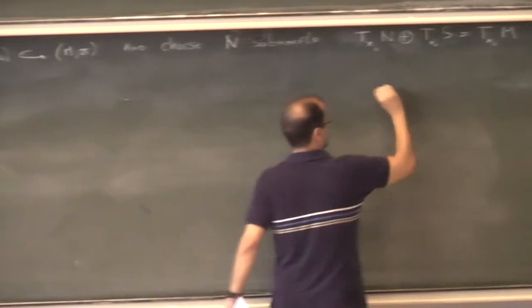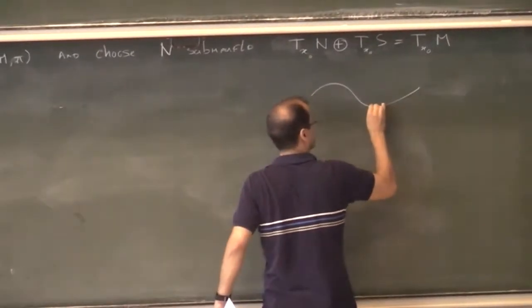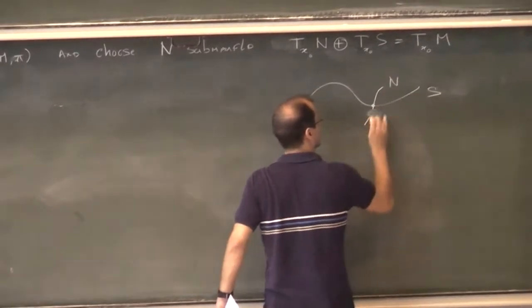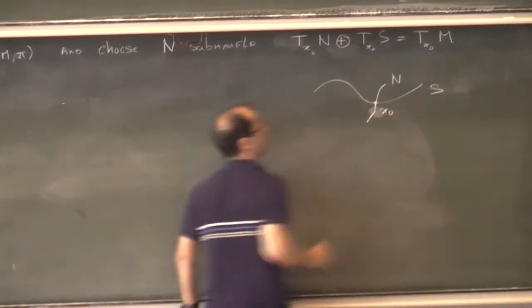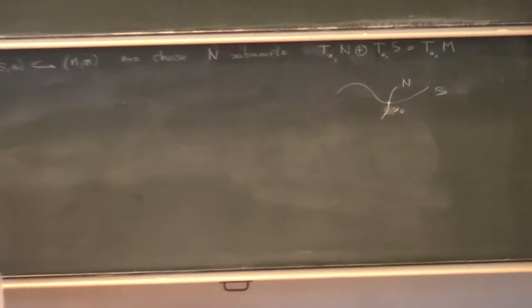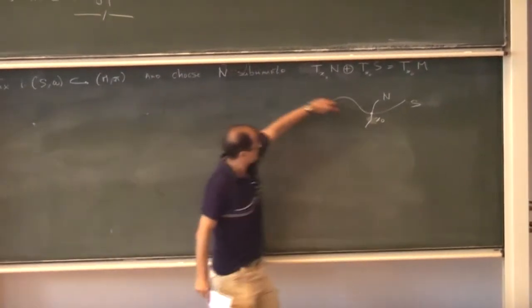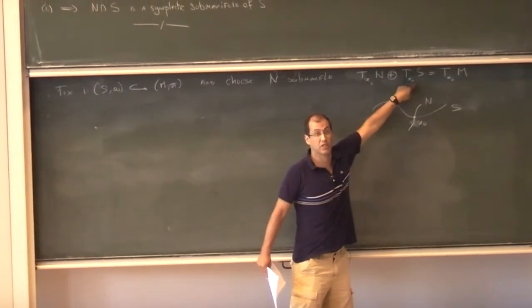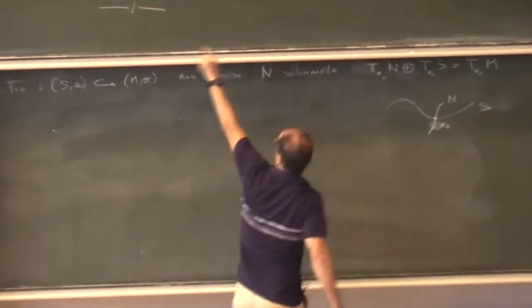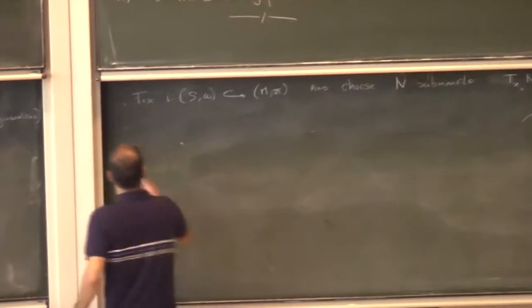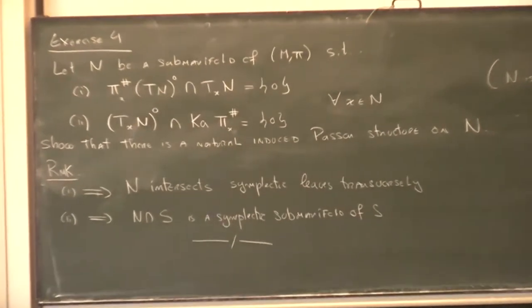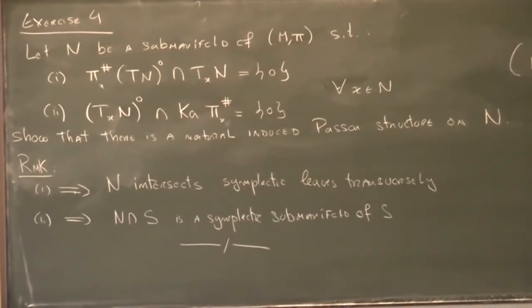Okay, so you have here your x naught, you have your S, and now I've chosen here some N. So the only condition that I'm imposing is that at x naught you have this direct sum decomposition. So that automatically implies that conditions 1 and 2 are satisfied at the point x naught, right?